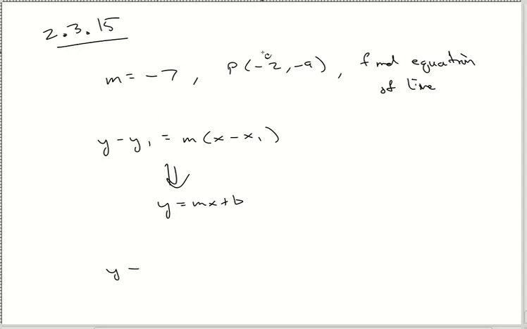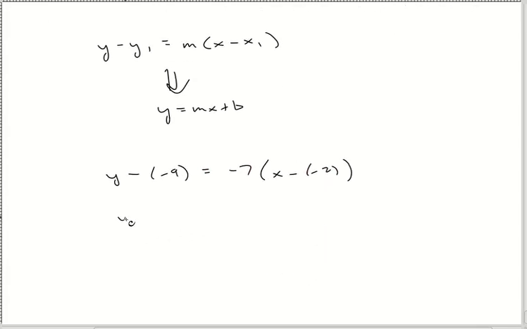y minus, this is an x1, this is a y1, so y1, negative 9, equals m is a negative 7, x minus, here's an x1, negative 2. So I want to start simplifying this thing. 2 negatives will make a positive.